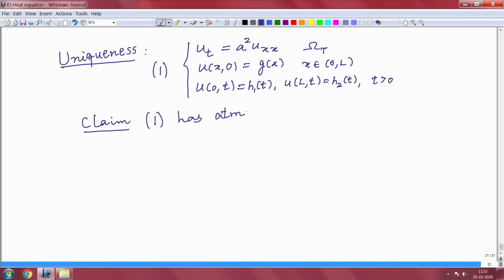So, we are not claiming that one has a solution, but if it has one, at most one solution, then that is unique.